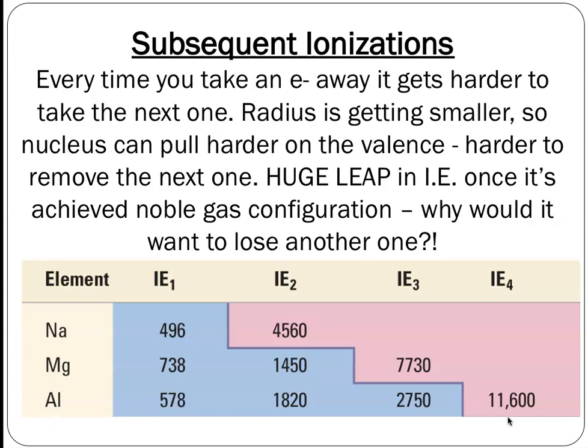So that big jump actually tells you how many valence electrons are in any given element. You look for the big jump. Everything prior that has small little jumps in energy, they're all in the same energy level. The ginormous jump is a change in energy level. Questions on that idea?